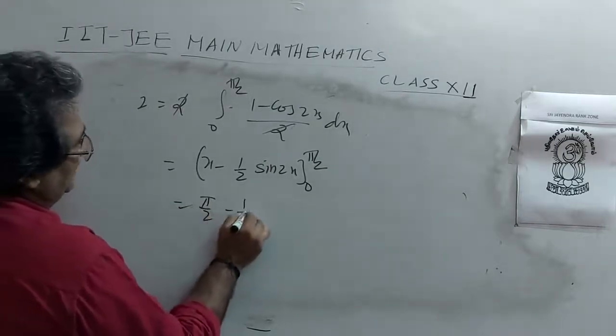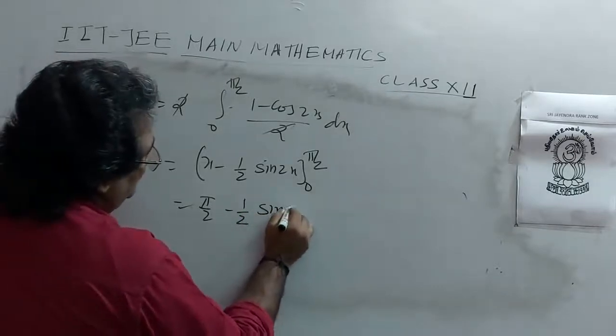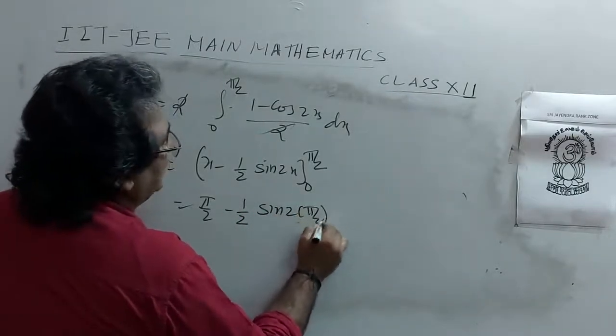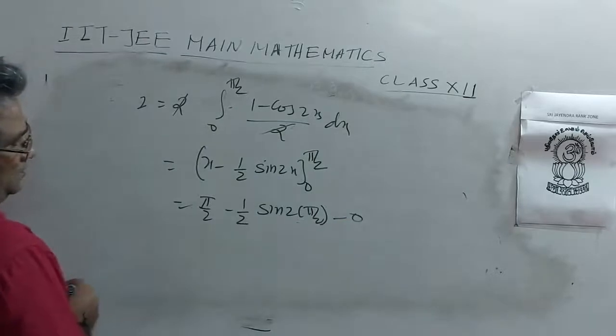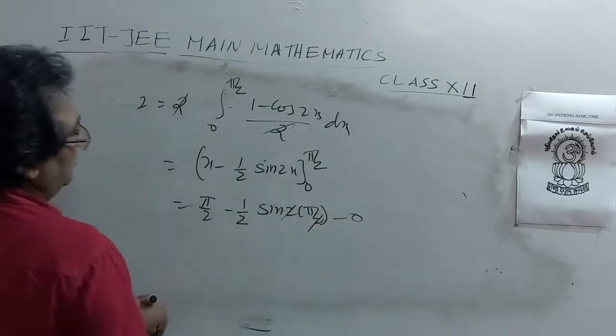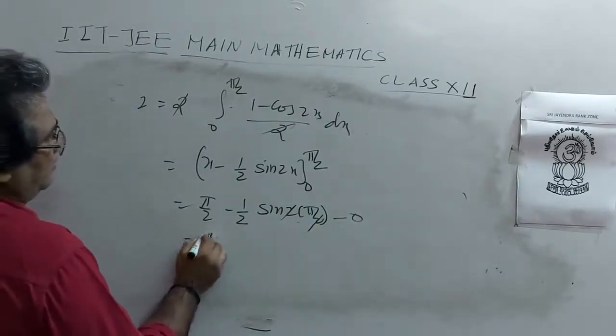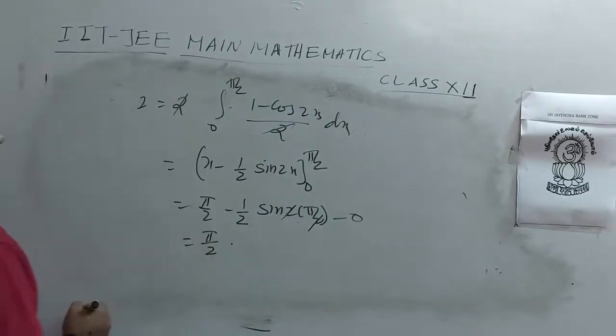That is pi by 2 minus 1 by 2 sin 2 into pi by 2, minus 0. That is pi by 2.